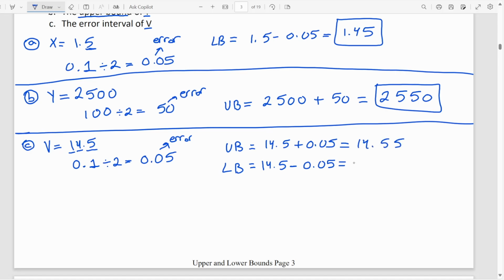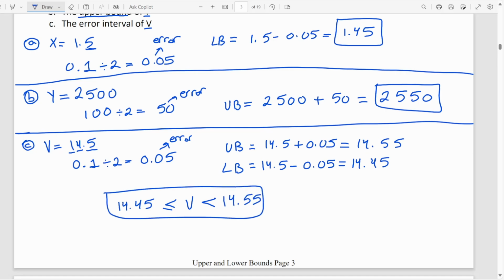And this right here will give us 14.45. So the error interval for V is as follows: 14.45 over here and 14.55 right here. Okay. I hope this was clear.